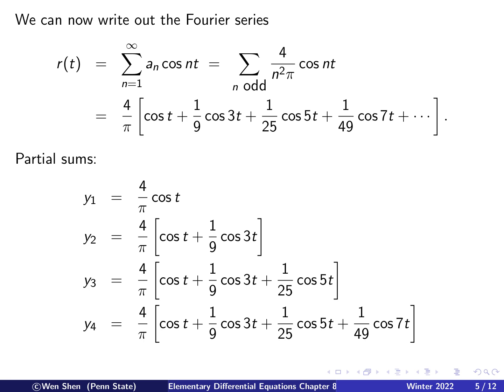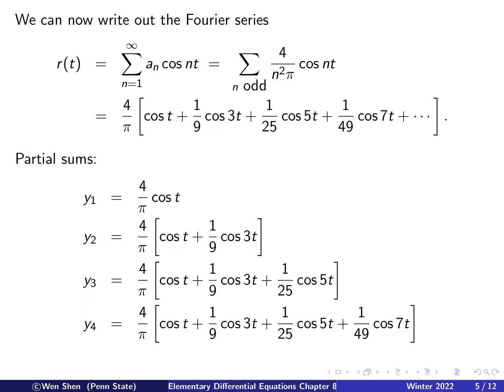Okay, so it is always interesting to observe the behavior of the partial sums and to see how well they approximate the original function as you pick more terms. So let's write out maybe the first 4 partial sums. So y1 is just taking one term, that's cosine, and y2 will be taking 2 terms, these two, and they're here.